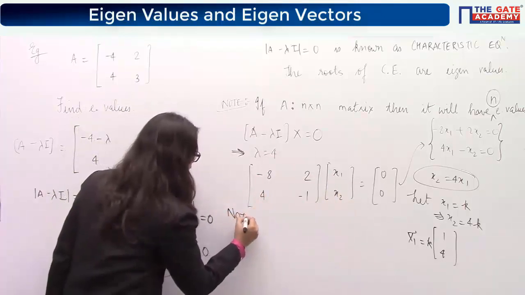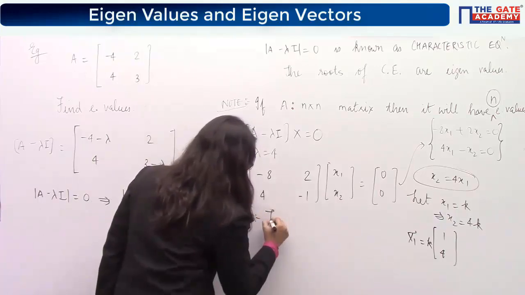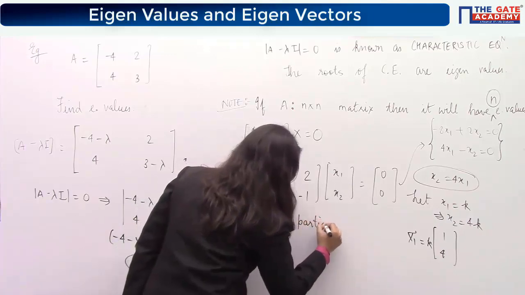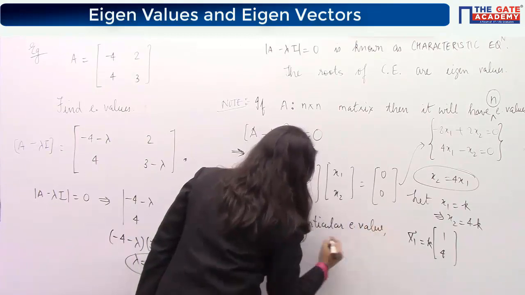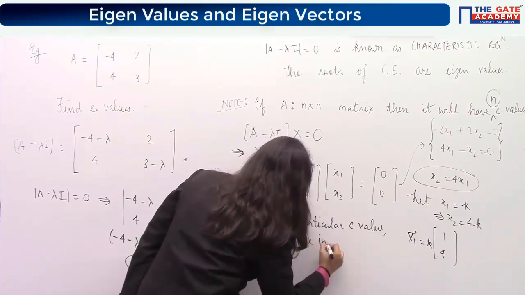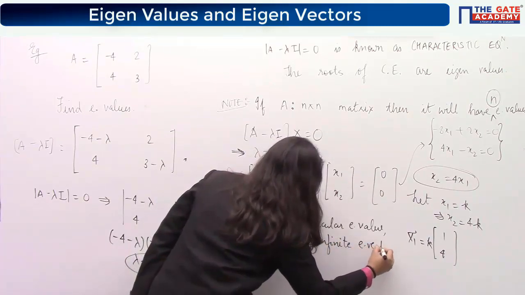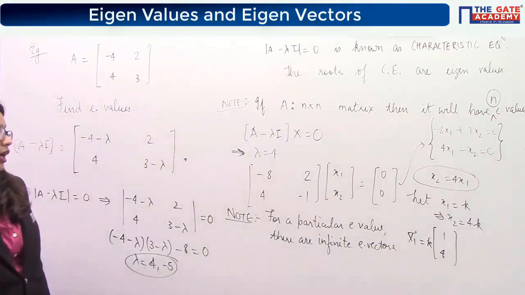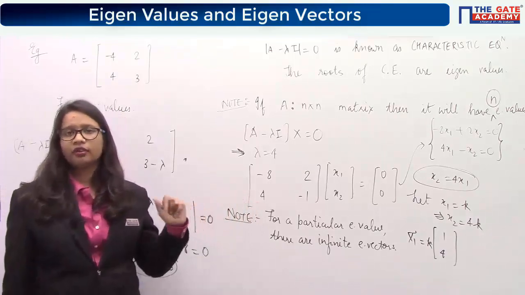Write down the second note: for a particular eigenvalue, there are infinite eigenvectors. For a single value of lambda, you will have infinite eigenvectors.